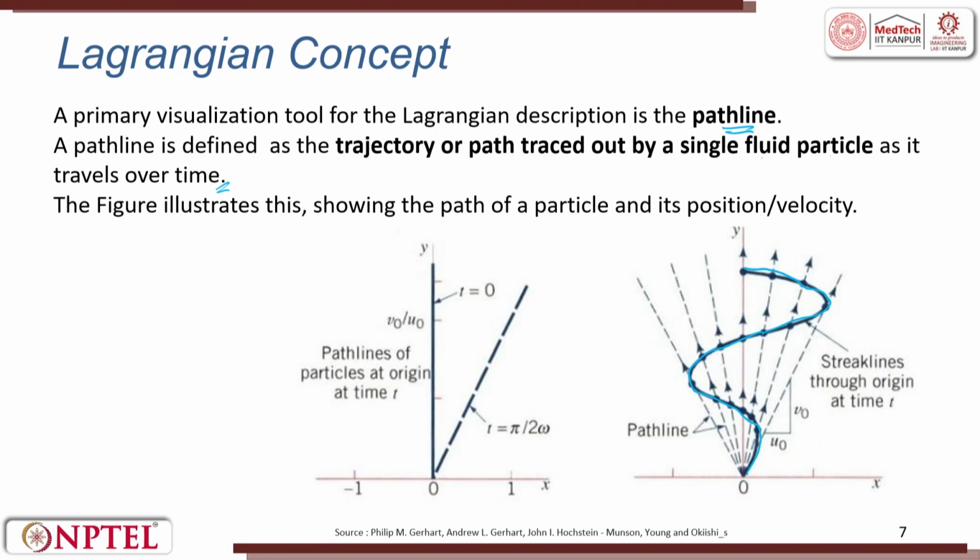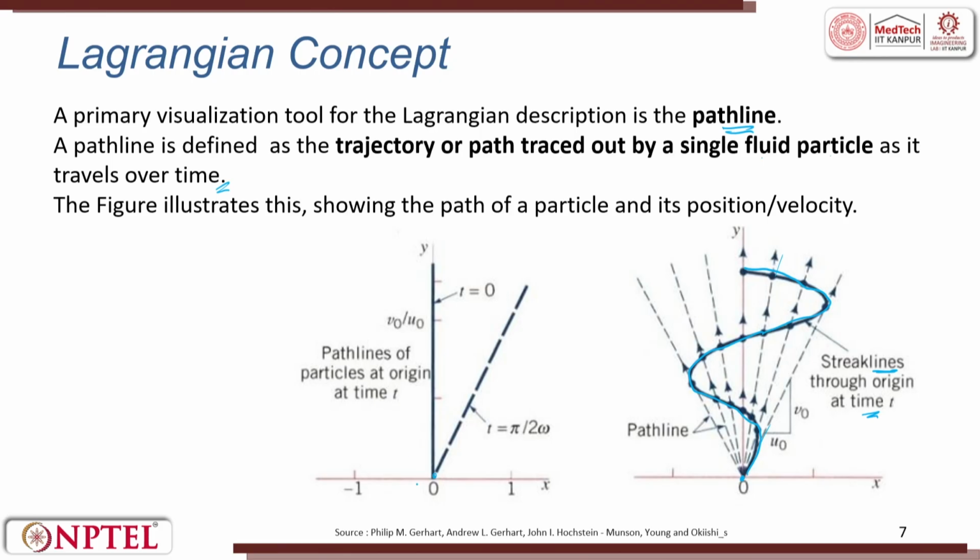So, you see here, when t equal to 0, where was it? How did it move from here to here over a period of time? And you try to draw the trajectory or the tangent for every point, and that one is called the streak lines. Streak lines through the origin at time equal to t, right? The path line of a particle at the origin at time t is like this.